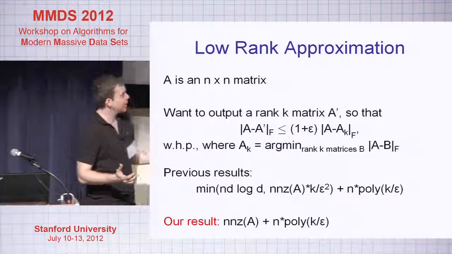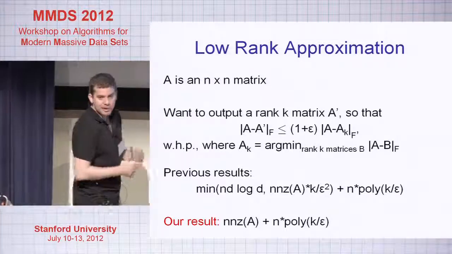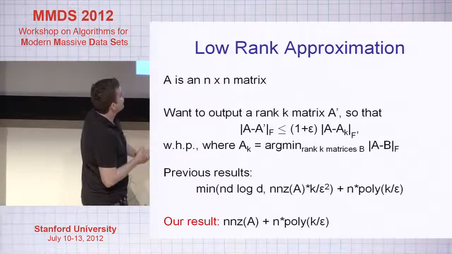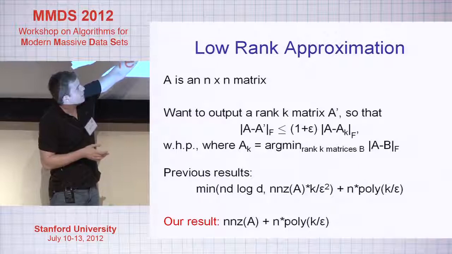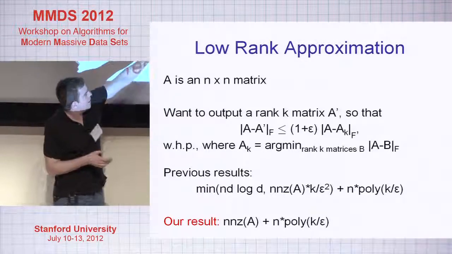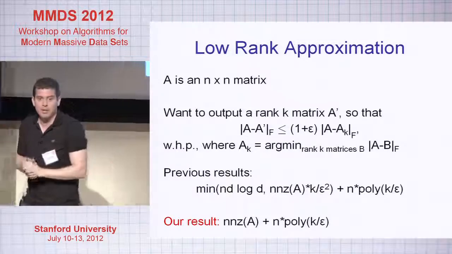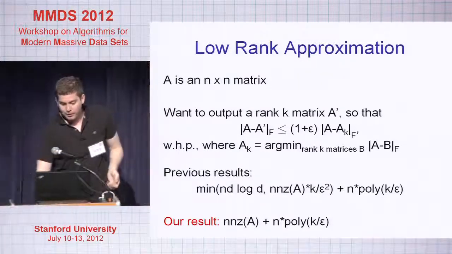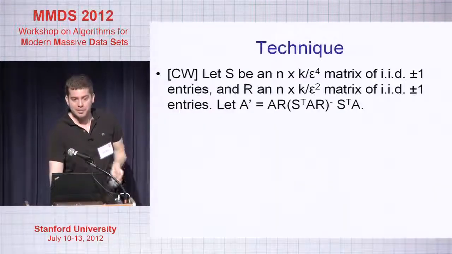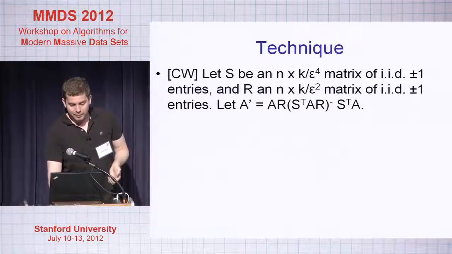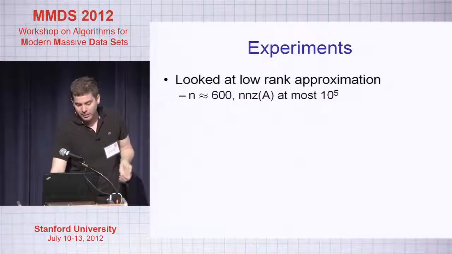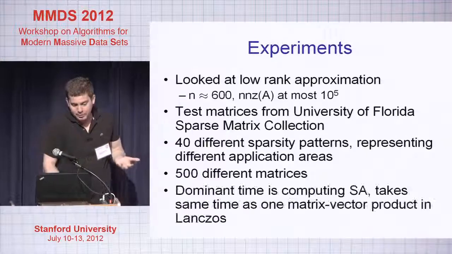So this problem of low rank approximation, we can use our same subspace embedding to improve the previous nd log d plus nd log d time algorithm to roughly a sparsity of A time algorithm. And it just follows previous work by plugging in our subspace embedding. We've run some preliminary experiments which are quite promising.